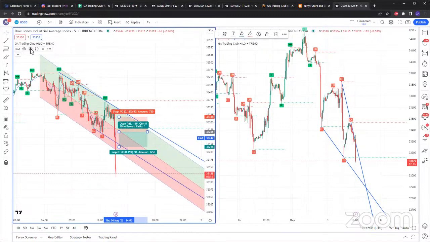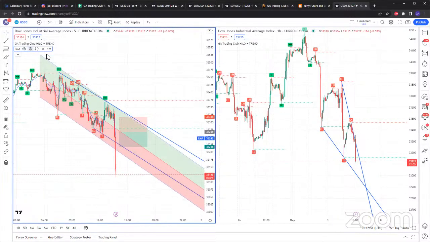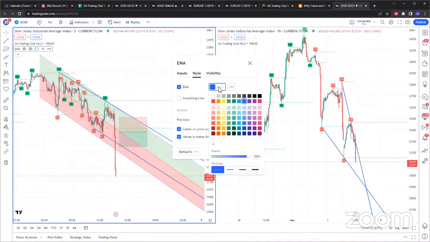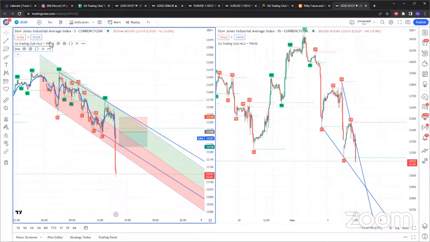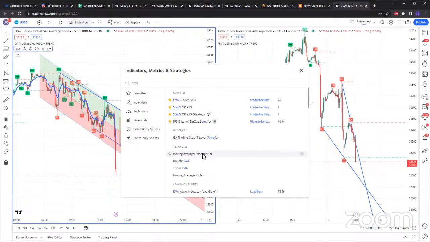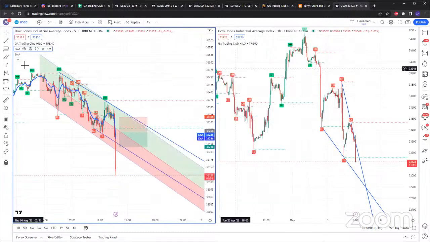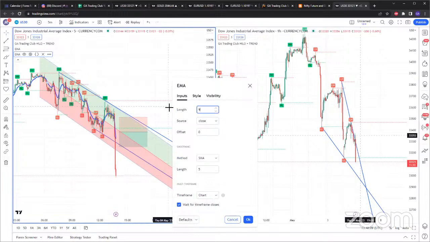So we have the 9 EMA, and we also need the 200 EMA. Let's see, EMA. We need the 200.